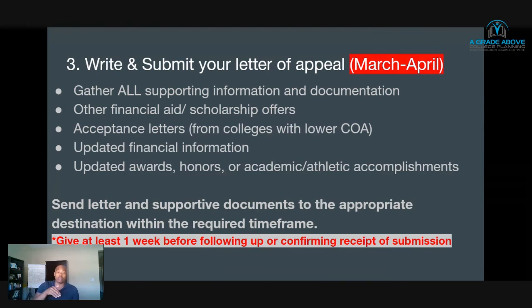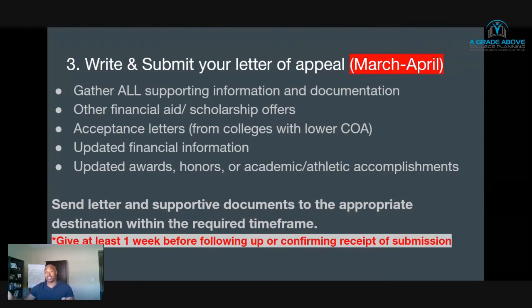But then also when it comes to any acceptance letters, and I know this is kind of unique, although you may not have gotten an offer from a specific university, you got an acceptance letter. But if that university is somewhat comparable or in competition with another university and the cost of attendance is significantly lower, then you can say, hey, I got accepted over here at UCLA, but I really want to attend USC.